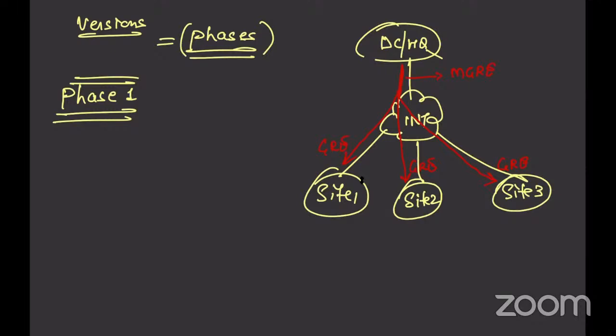You will not have any spoke to spoke tunnel. All of your traffic will first go to the hub. So if I need to send traffic from site 1 to site 2, my traffic will first go to the hub, and then from the hub it will go to the other site.